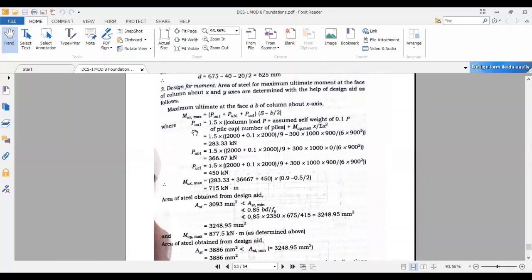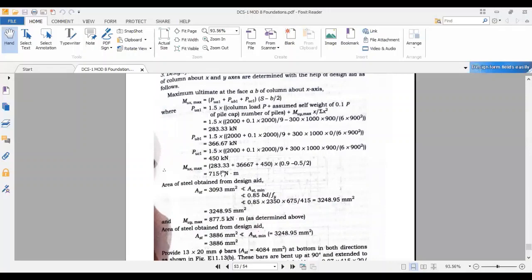In this way, if we add all these and multiply it by S minus B by 2, or in short, putting all these values in this equation, we get the value of MUX max as 283.33 plus 366.67 plus 450 multiplied by 0.9 minus 0.5 by 2.